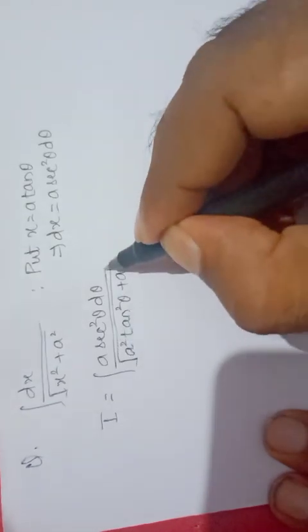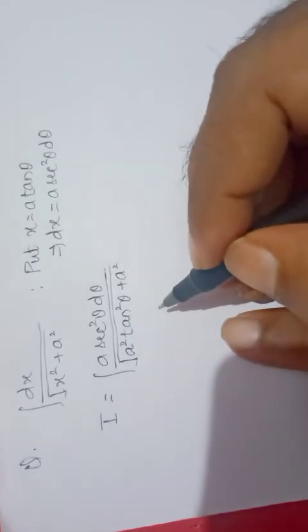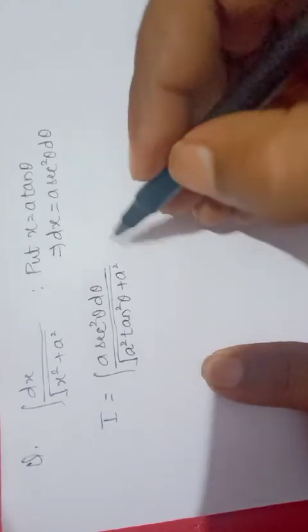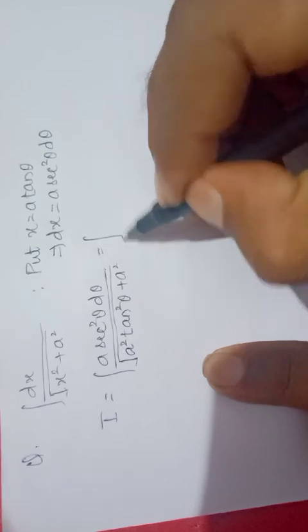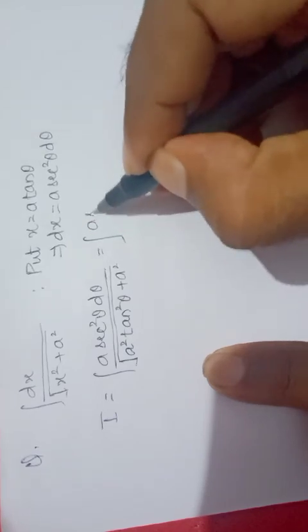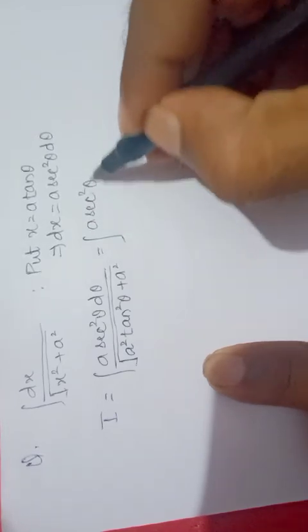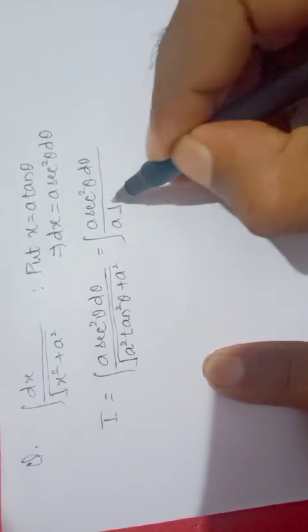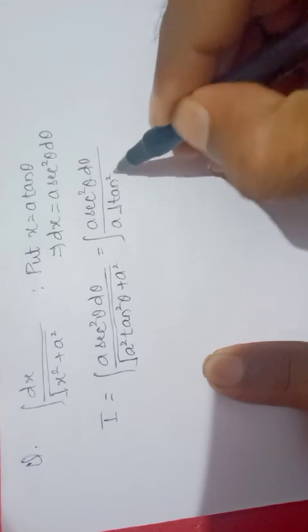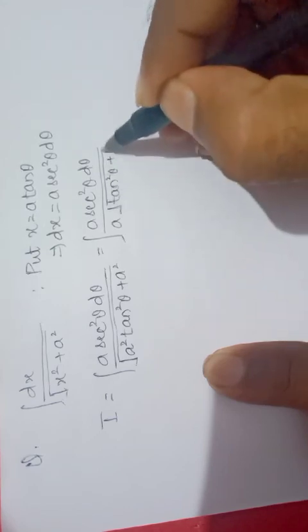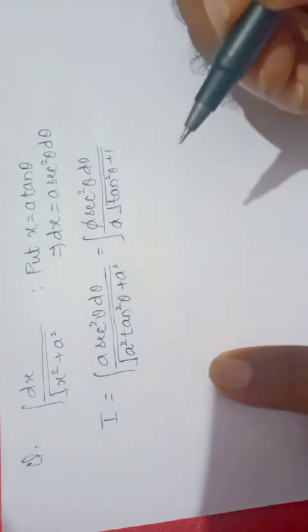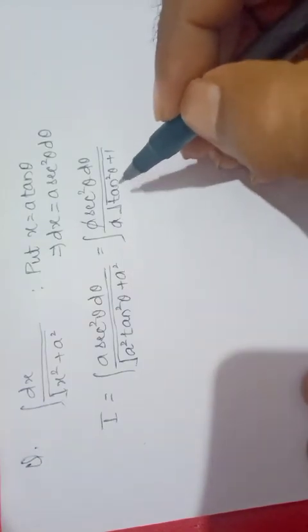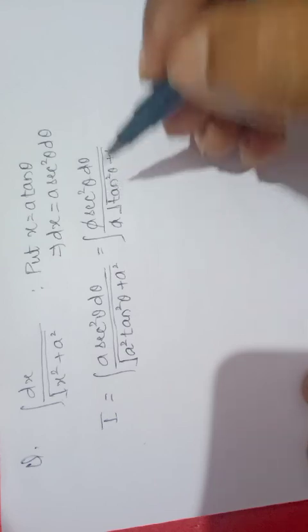Like previous identities, take out a square as a common, and outside root it becomes a. So a sec square theta d theta by a under root tan square theta plus 1. Again a and a cancel. Tan square theta plus 1 is sec square theta and its square root is sec theta.